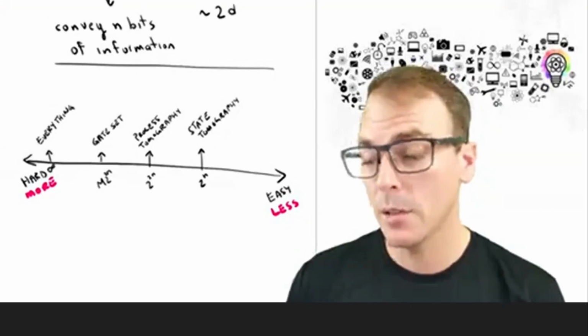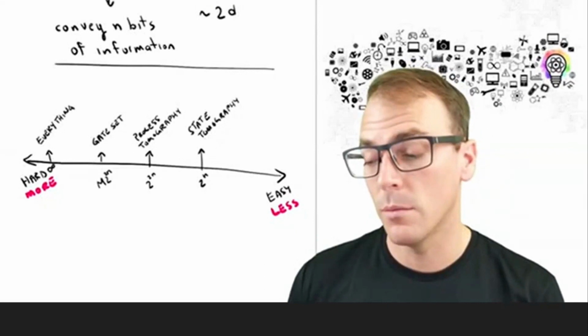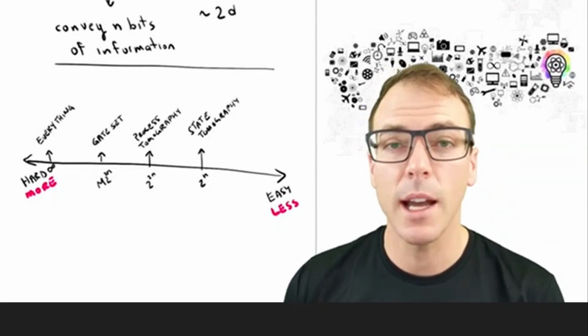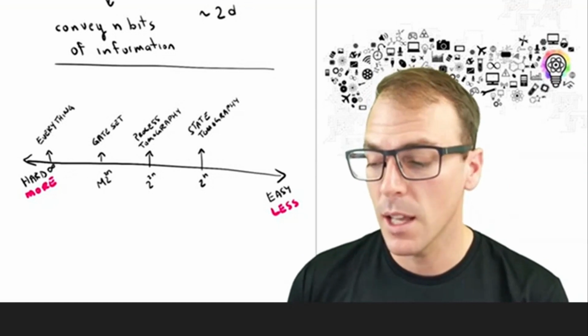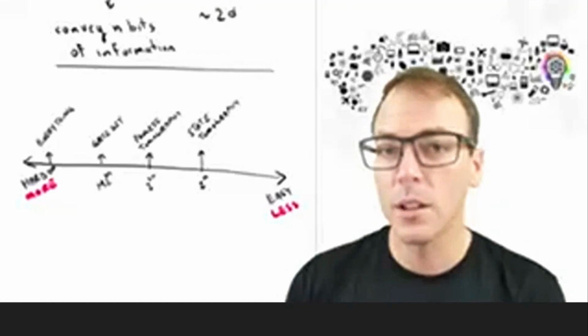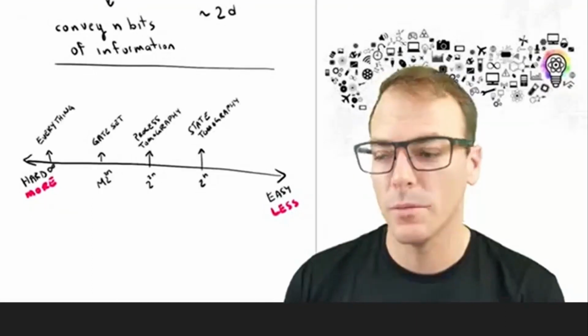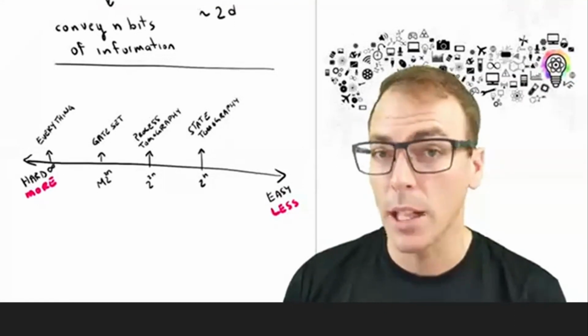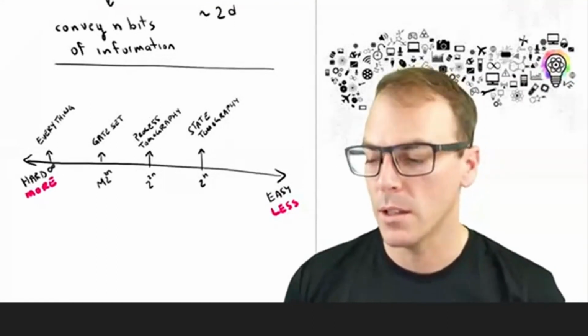So if we have a device that can run Shor's algorithm, or even just a device that has 100 qubits, you can see that 2 to the 200 is not going to allow me to actually characterize the gates that are being applied to this.